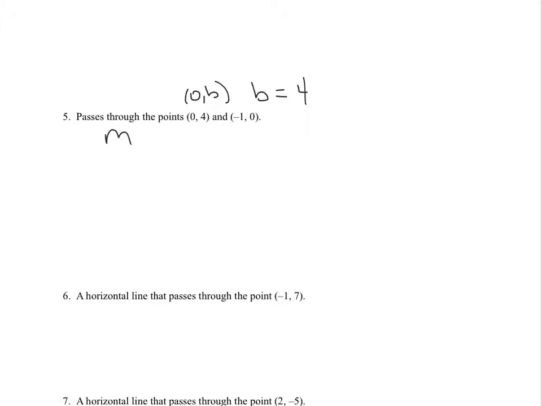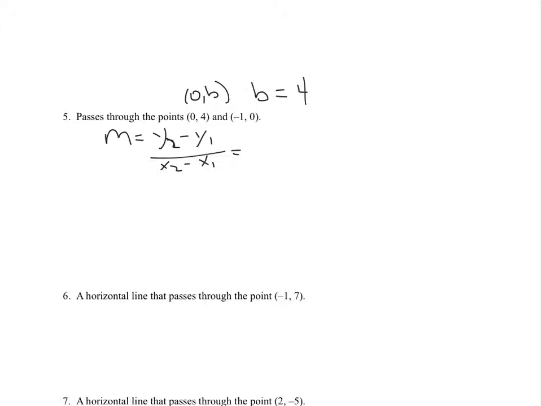So if I go to my slope formula, y2 minus y1 over x2 minus x1. And again, you can decide which one you want to call x1, y1 and which ordered pair you want to call x2, y2.